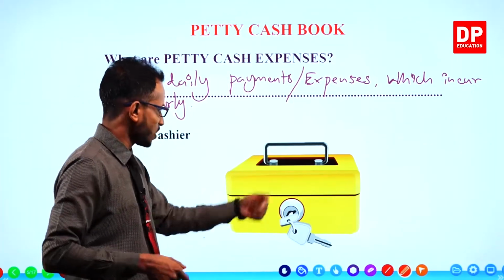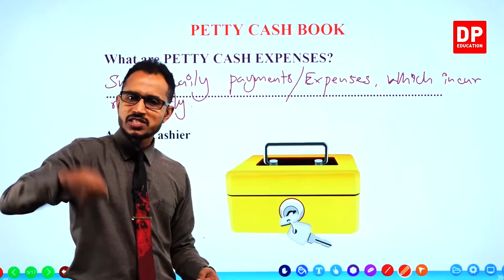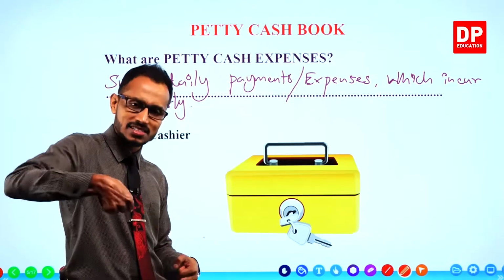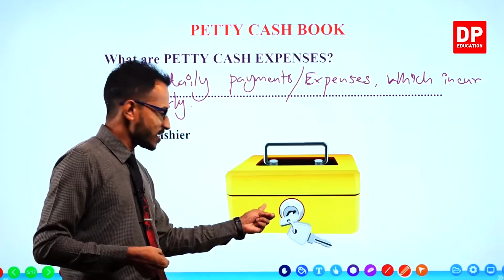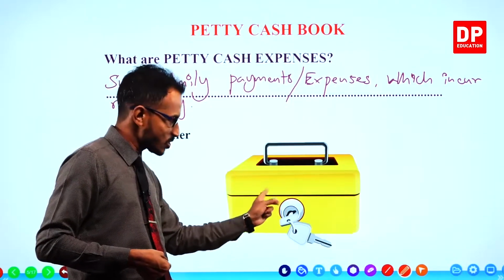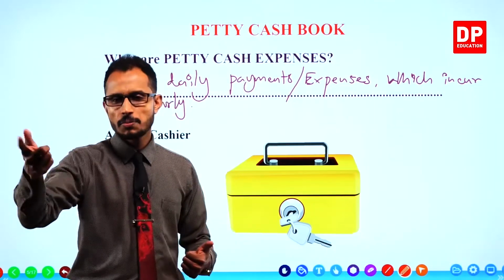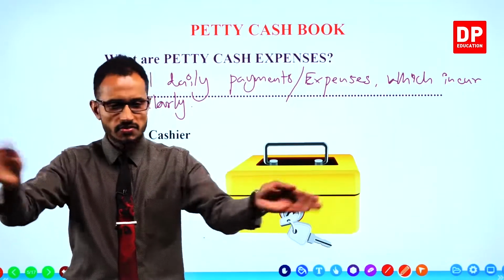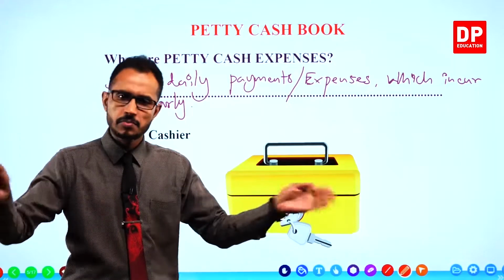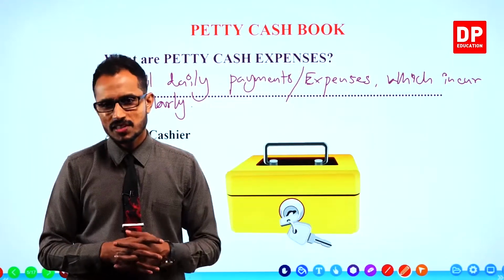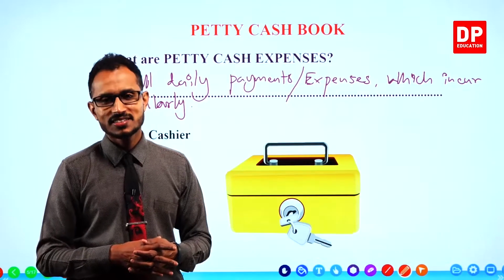The petty cash he has is kept locked in this locker, and he pays for petty cash expenses to different people. So he's always on the run. He's a busy guy, the petty cashier.